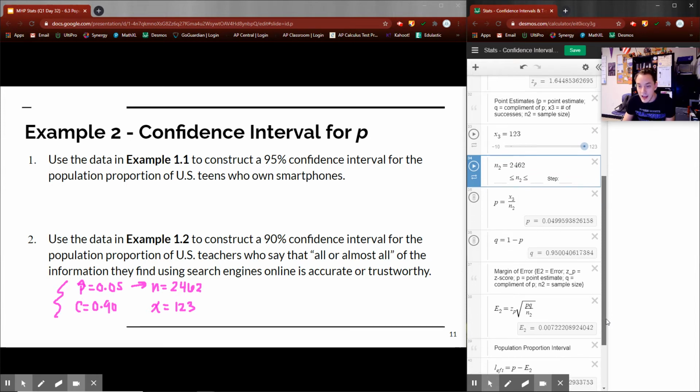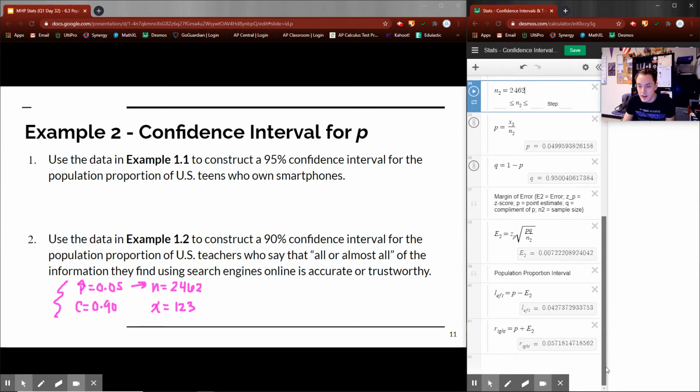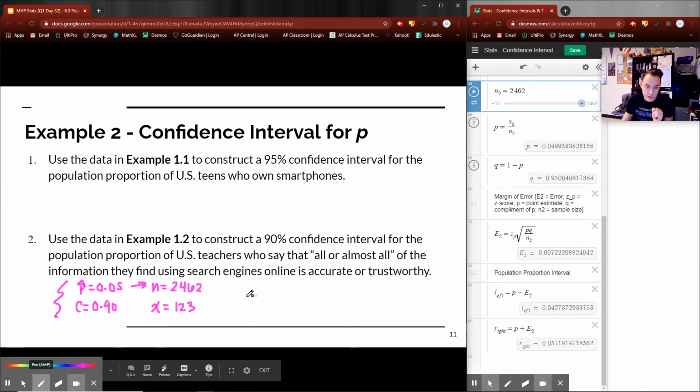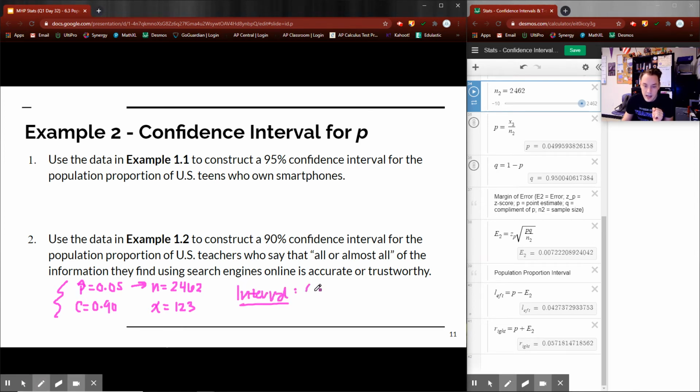Okay, let's scroll down. Sorry, this is my margin of error right here. So pretty nice. And then this is what my actual interval is. So I have from 0.043 to 0.057.